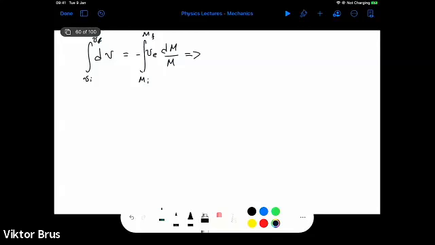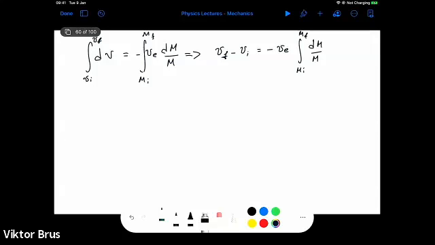Okay, so what does it give us? The left side is very simple. It will be V final minus V initial. And this one will be equal to minus V_E, because V_E is constant, times the integral of dM over M from M initial to M final.